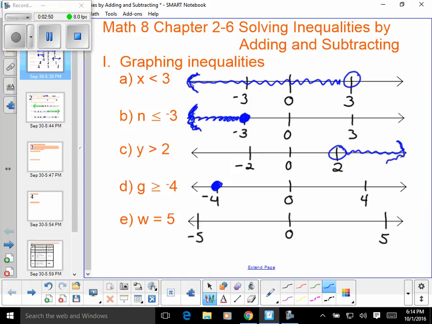I want greater than, so I'll be graphing everything to my right. E is a little bit trickier. It just says W equals 5. That is a closed circle at positive 5. And I hope you did well with those.